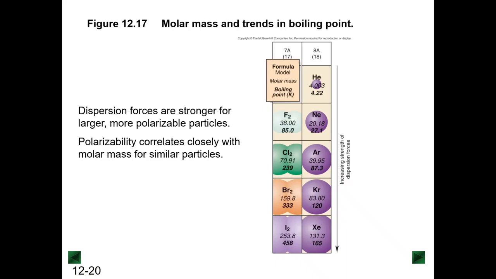The same thing happens one group over in the periodic table. Group 17, the halogens, we see fluorine, chlorine, bromine, and iodine. Each of these is a non-polar molecule. These are purely covalent bonds. Therefore, the interaction between two fluorine molecules that are nearby, for example, will be the interaction between two non-polar molecules.